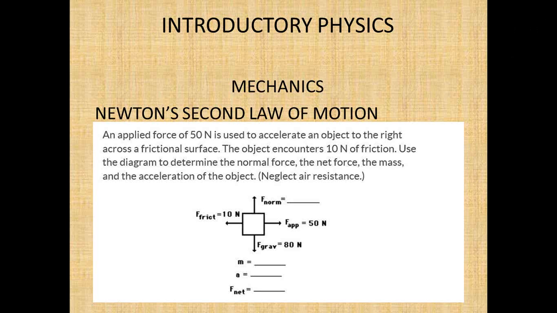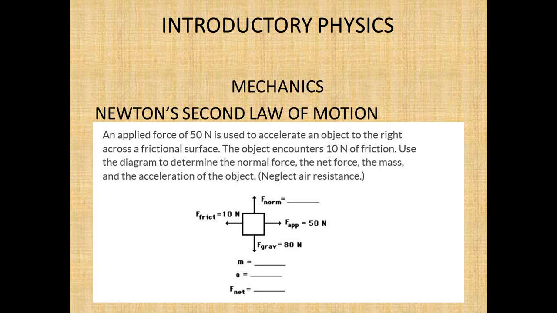So the first question is: an applied force of 50 newtons is used to accelerate an object to the right across a frictional surface. Remember that moving to the right, the velocity is positive, acceleration is positive. The object encounters 10 newtons of friction.